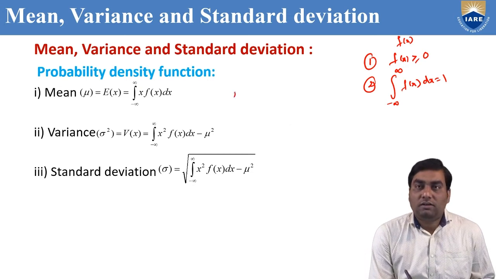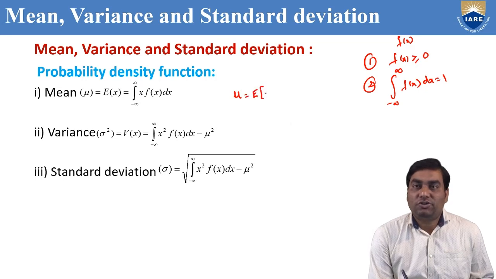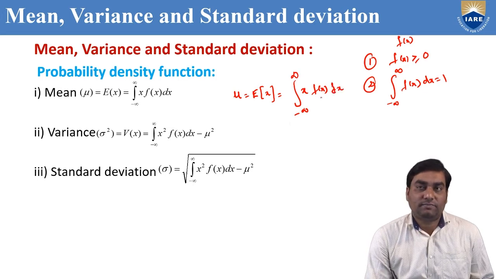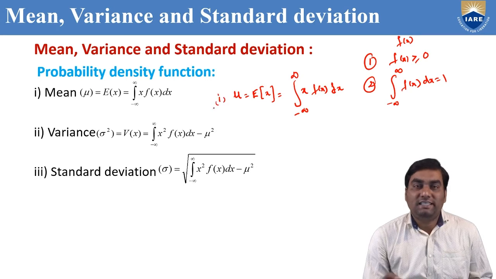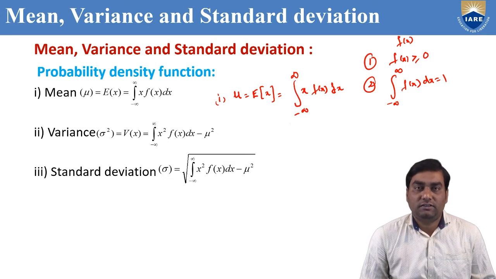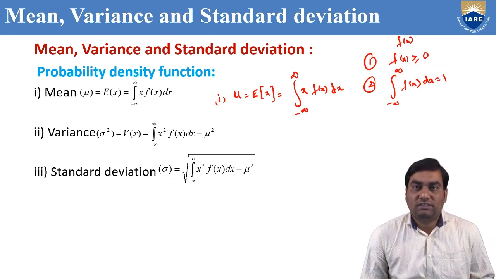The symbol of mean is mu, also denoted by expectation of x. In probability mass function, we have sigma x into f of x. But here, in the density function, it is the integration over minus infinity to infinity of x into f of x dx. The only change is that instead of summation, we replace it with integration over minus infinity to infinity.